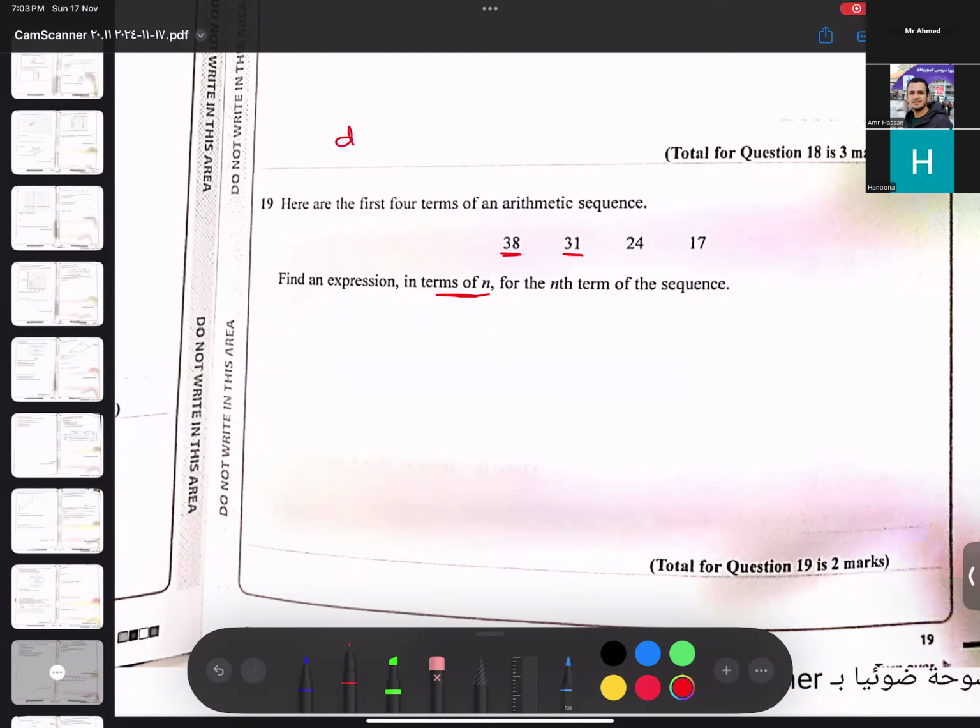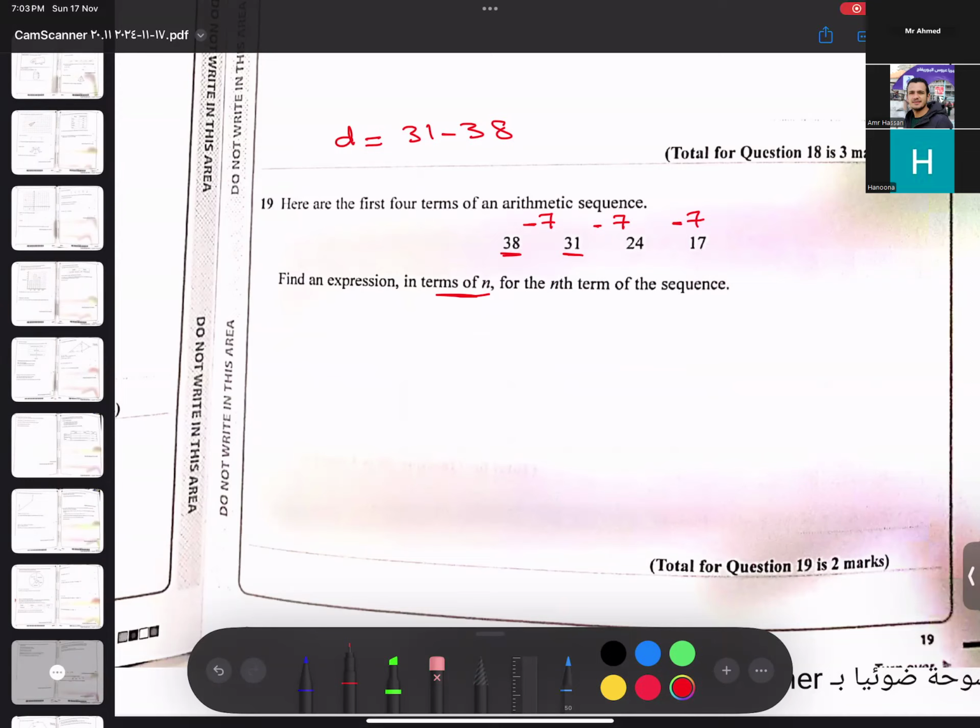To get the difference, it's 31 minus 38, which is minus 7. So minus 7, minus 7, minus 7. It sounds like an arithmetic sequence, right?